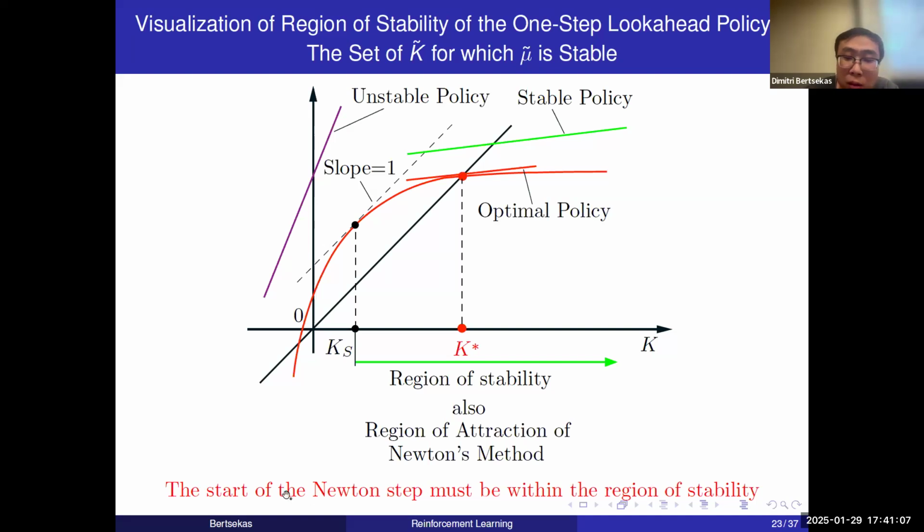Therefore, the start of the Newton step must be within this region of stability in order to have a stable policy.